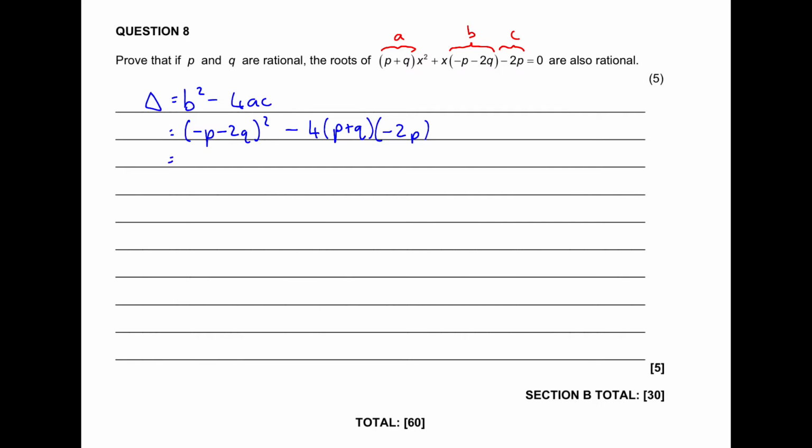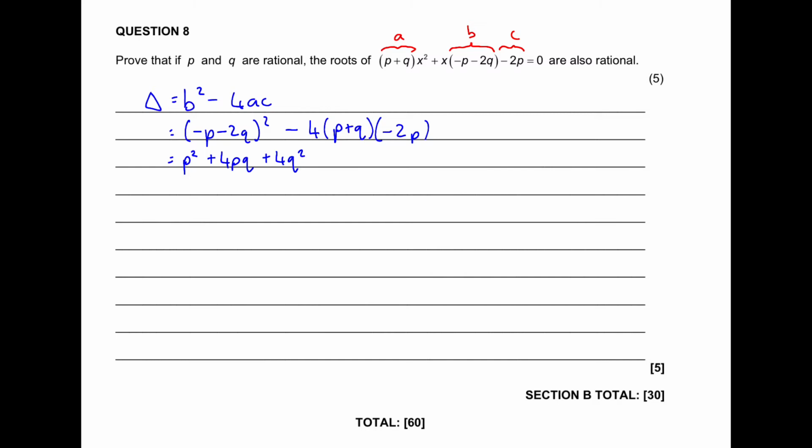So minus p times minus p is p squared, and then minus 2q times minus p is positive 2pq. Then the outers and inners are both 2pq, so that gives us plus 4pq. And then the last is positive 4q squared.